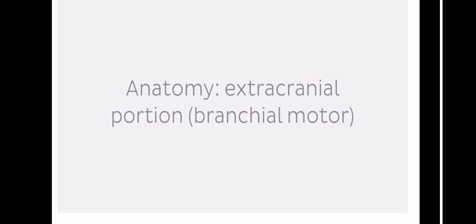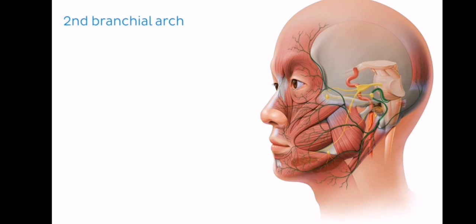The major motor components of the facial nerve that arise and exit the skull from the stylomastoid foramen are called the branchial motor components. Talking embryologically, the second branchial arch is supplied by the facial nerve in the embryological era of the fetus.